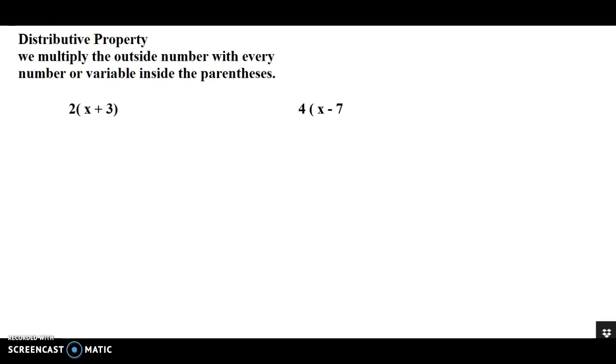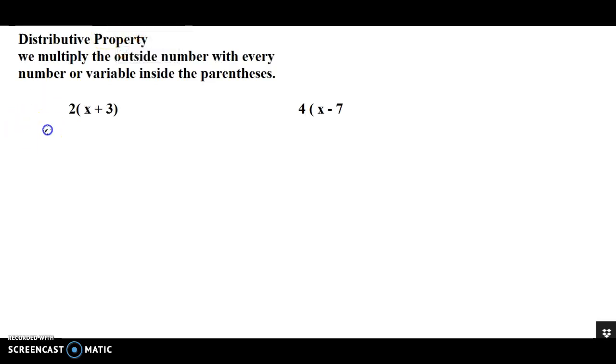Now in this lesson, we want to talk about something called the distributive property. With the distributive property, we multiply the outside number with every number or variable inside the parentheses. So let's look at what that means.